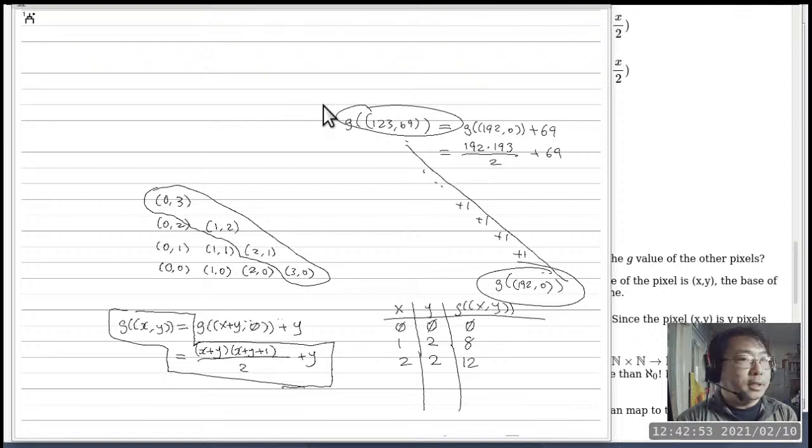All right. If you guys have no questions, I have a question. Because I don't want g to be just any function, I need g to be a bijective function. Bijection means we are mapping two-dimensional coordinates to unique natural numbers. I think that part we can agree on, right? No two pixels are going to get the same value using this method of assigning values.